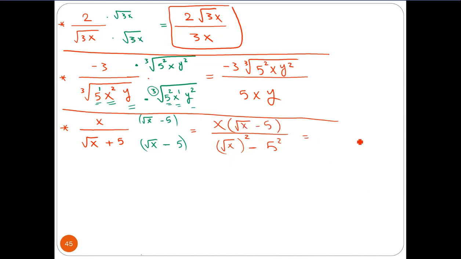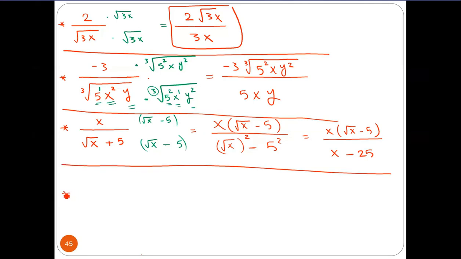So the final result equal x minus 25 because the radical x with this square x, 5 square 25, and we have x multiplied by radical x minus 5.